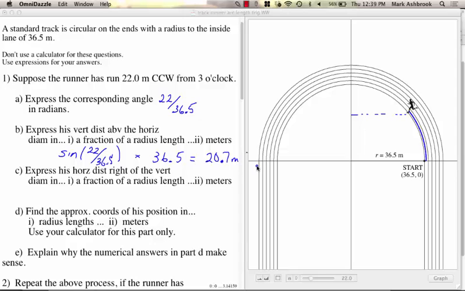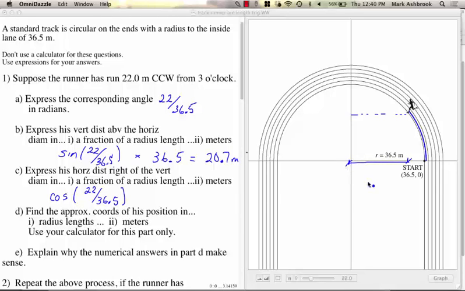Okay, express the horizontal distance to the right as a fraction of the radius length. Let's see. Chris? Cosine gives that, right? Cosine of what? Yeah. And now if we want that distance in meters instead of a fraction of the radius, we're talking about from here to here.